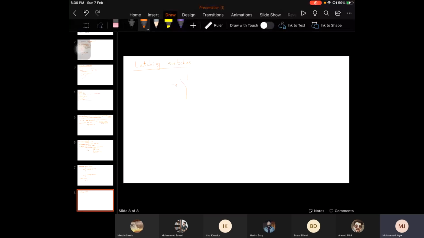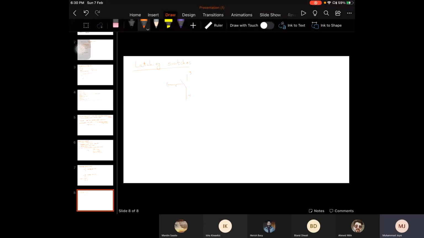Once you press it, pin number 3 and pin number 4 will be connected to each other. Once you take your hand away, still pin number 3 and pin number 4 will be connected. So in order to release it, you will have to press it again. This kind of switch is known as a latching switch. Understand?